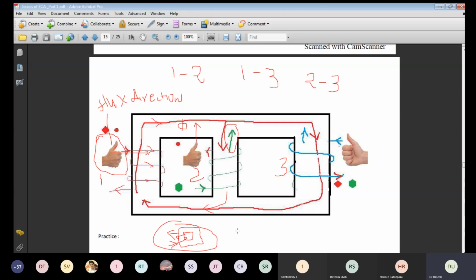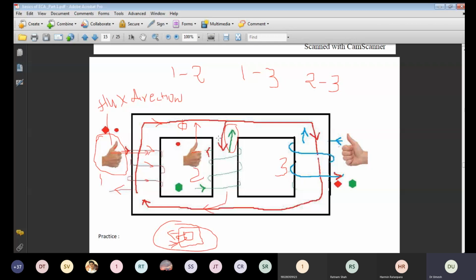Suppose you want to produce flux in the downward direction, then you have to rotate this right hand in such a way that the thumb shows the downward direction, right? So I can say that this hand position shows that the position of the winding is such that it should be from the upper side.